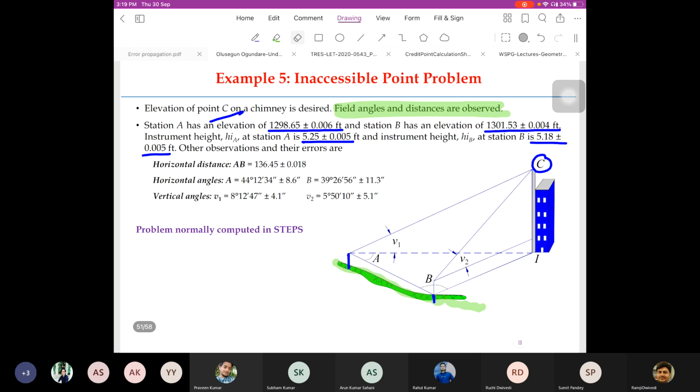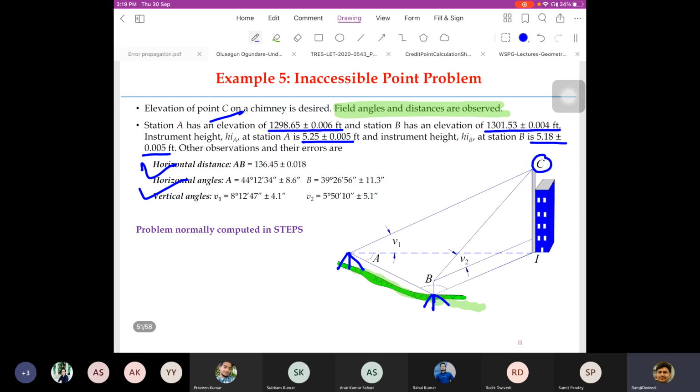Okay, and in that case, we are establishing a station at these two places, which we call A and B. Because you realize in this case we have to measure two angles, horizontal angles as well as vertical angles, isn't it?